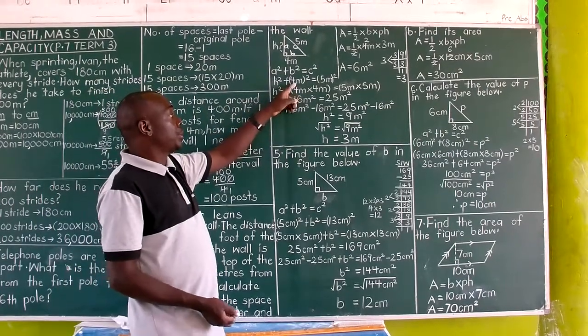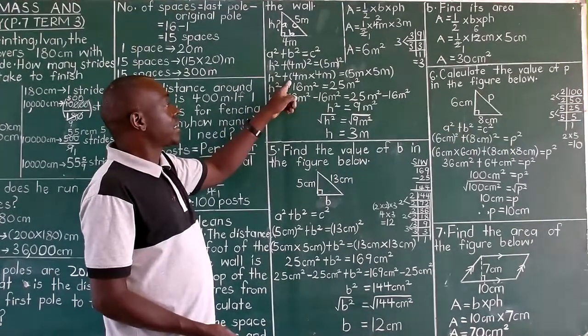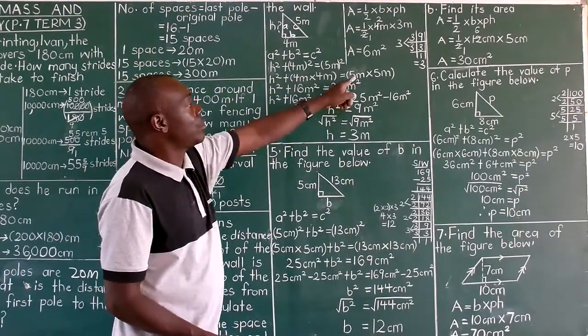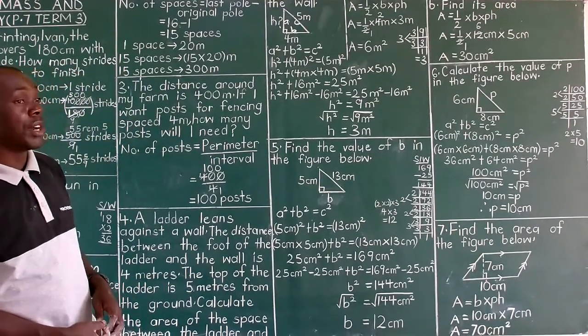Now, squaring 5 and 4, both are meters. That's H squared plus 4 meters times 4 meters equals 5 meters times 5 meters. That's squaring them. Now get the outcome of the squares.